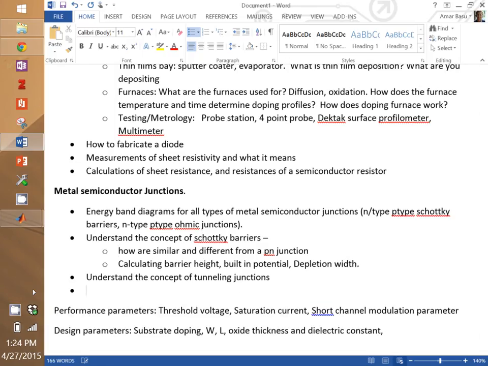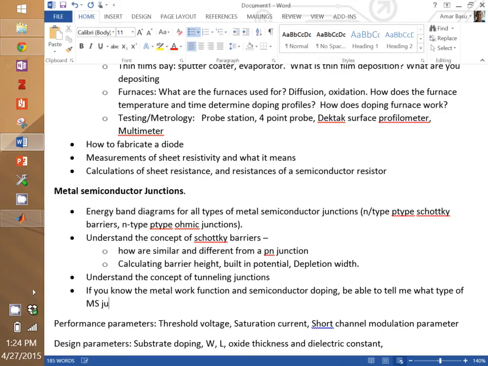If you know the metal and semiconductor, if you know the metal work function and the semiconductor doping, you should be able to tell me what type of metal semiconductor junction you will have. This last one is more of a practical perspective, right?